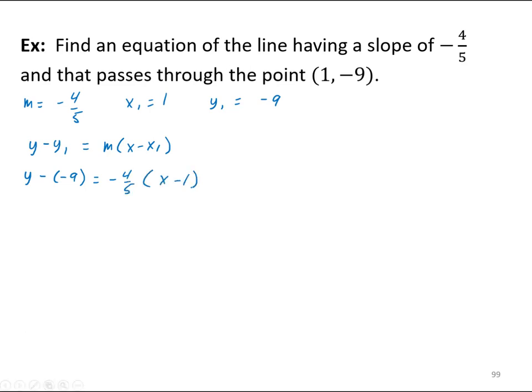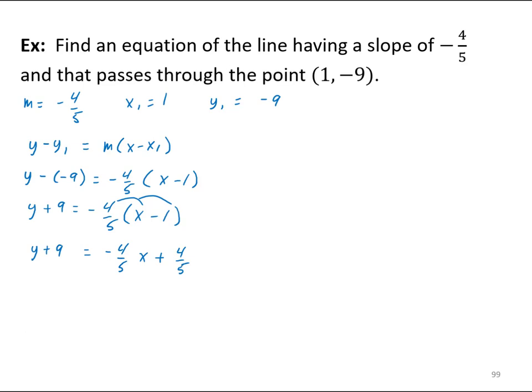We'll write subtracting a negative as addition, so this will be y plus 9 equals negative 4/5 times (x minus 1).